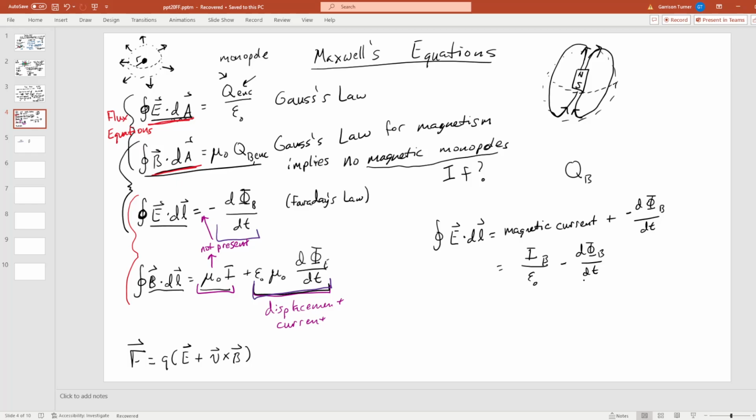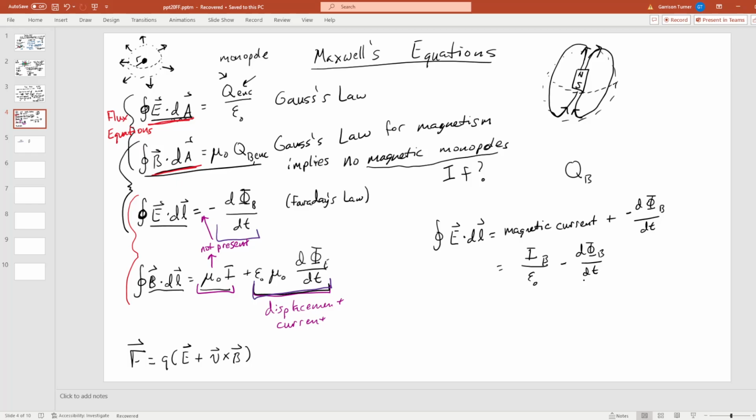Depending on what units you're in, you'd have to play games with the epsilon naught and mu naught to get them arranged for all of the units to come out. But if I remember right, it's the current over epsilon naught. But in any case, your magnetic current would create electric fields, which is honestly really super interesting.